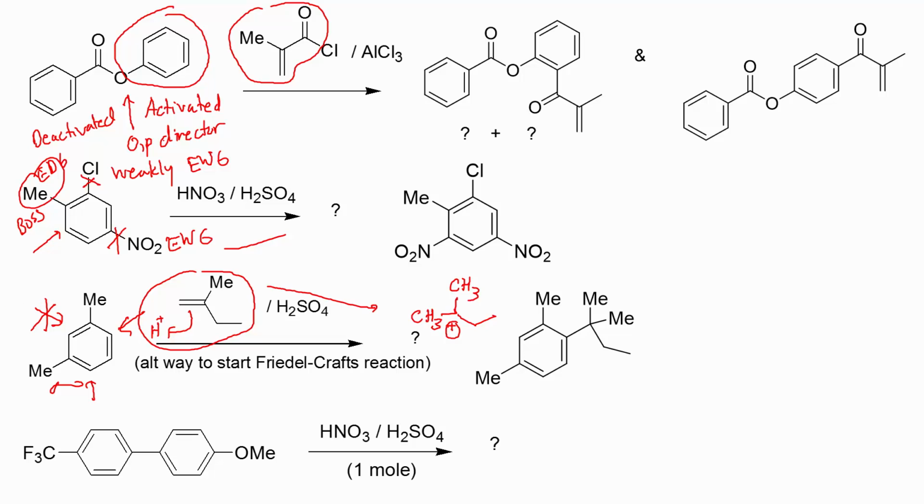Okay, in this next one, we have 2 rings again, and this one is activated because it has an electron donating group, and this one is deactivated because it has an electron withdrawing group. So we're going to see the reaction occur in the ring that I just circled here, of the two groups, OMe and all of this phenyl stuff here, this is the stronger electron donating group, or our boss group.